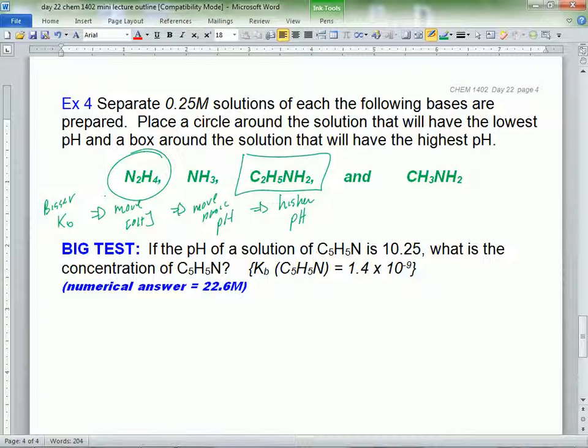Okay. So when this makes sense to you, go on to the big test. The big test is about as ugly of a problem as I can give you. It's not that bad. You have to think about it. So we use pOH, outside pH.